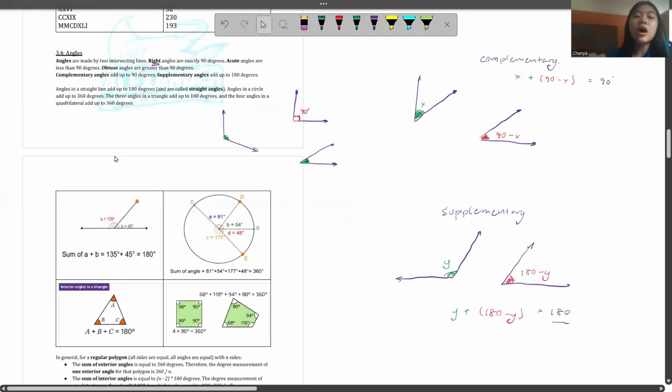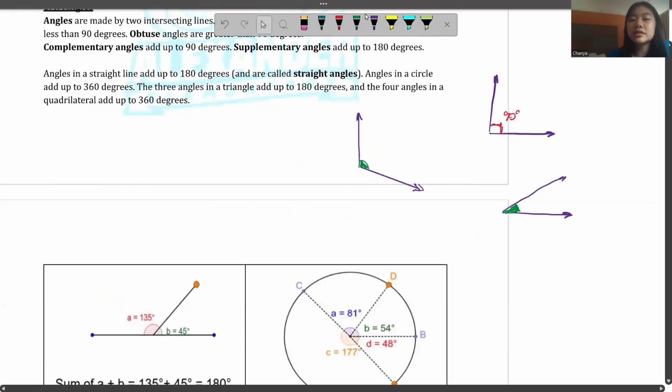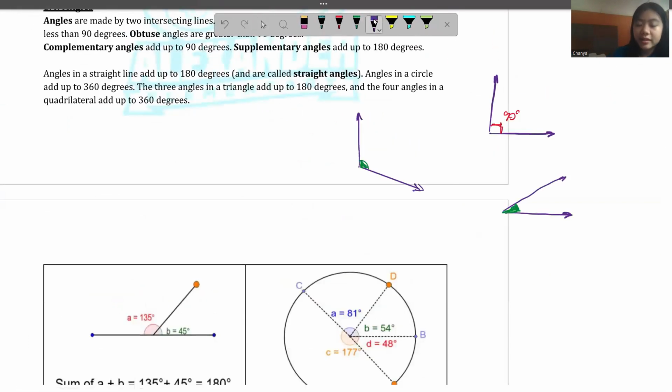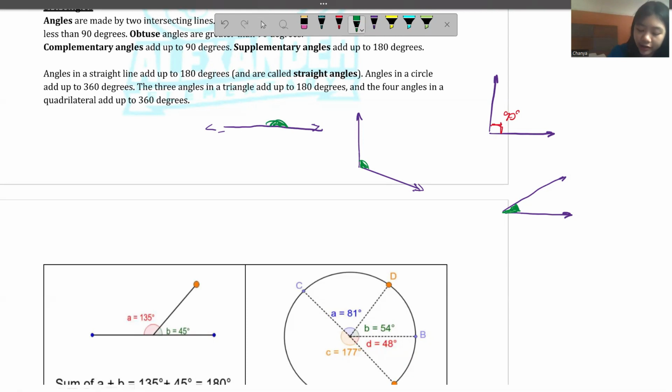Okay, and moving on to straight angles. Straight angles are another type of angle. It's just basically the angle that is 180 degrees. So if I have a line here, and I have something like that, right? Something like that. The angle formed right here, that is a straight angle.